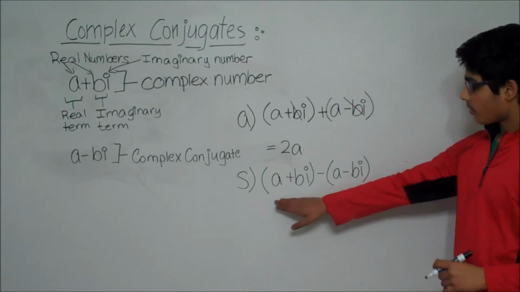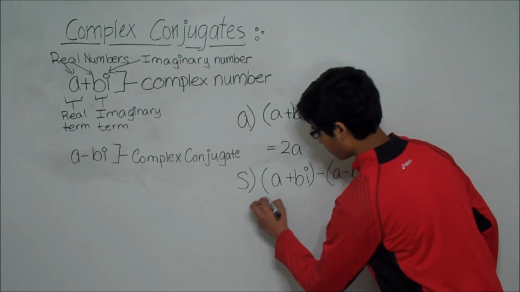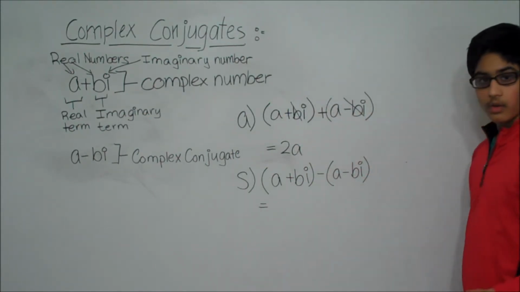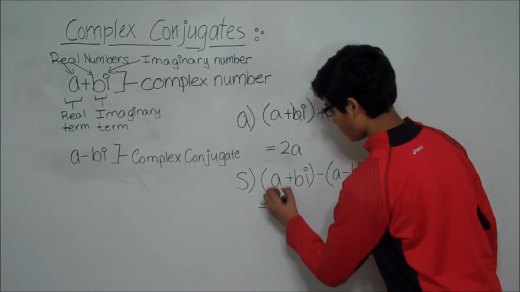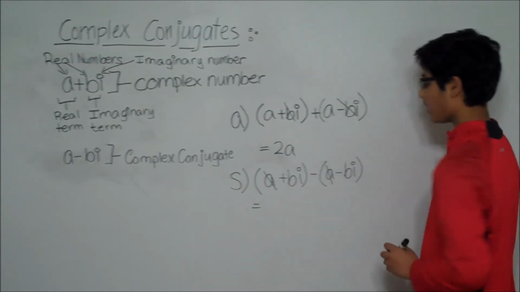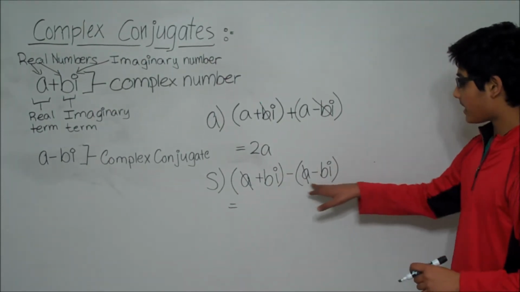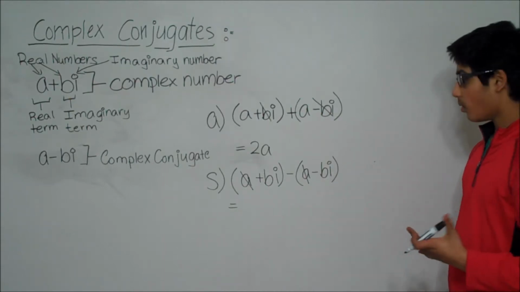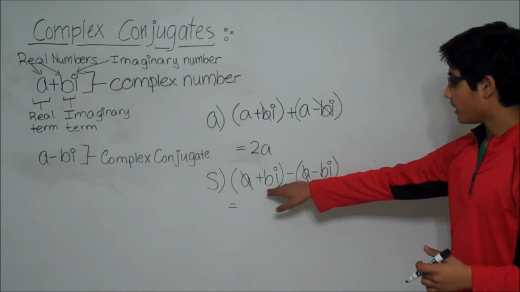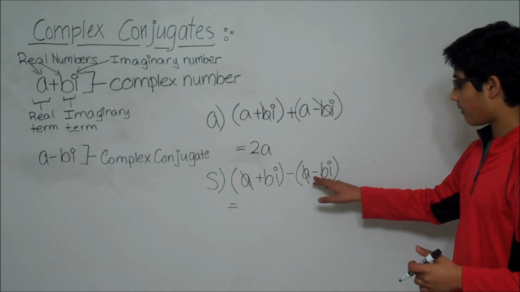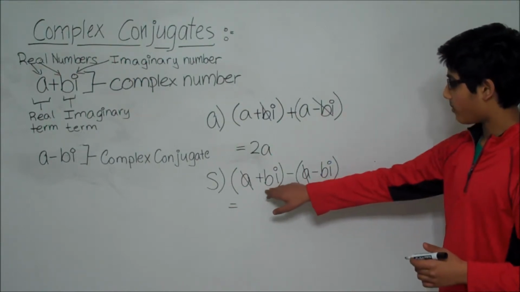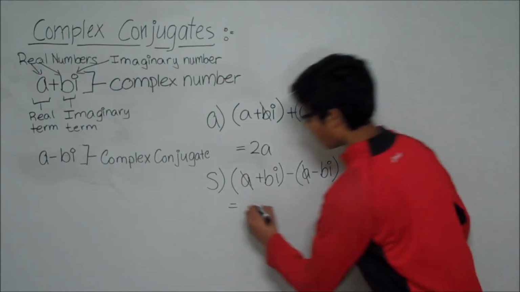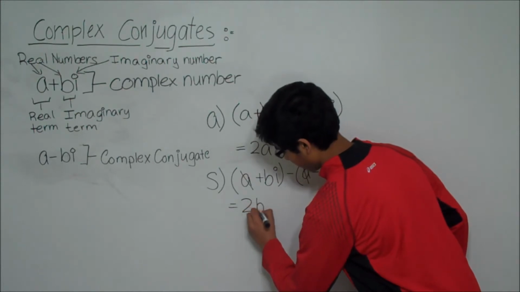Here we have a minus a, which is 0, so a and a cancel out. And then we have bi minus negative bi, and since a negative and a negative becomes positive, we have bi plus bi, which is 2bi.